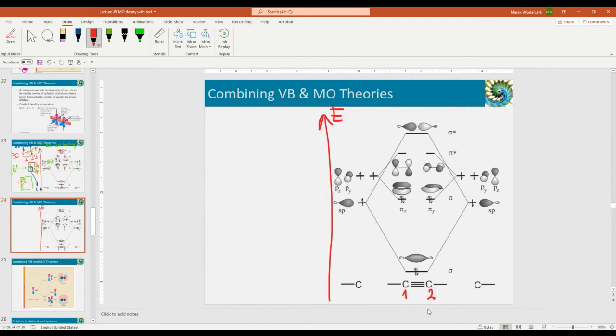Okay, in your triple bond, you combine the atomic orbitals of carbon number 1 and carbon number 2 together to form sigma bond and pi bond. Okay, since this is a triple bond, that means you have to have two p orbitals that will interact with each other, okay, to form the pi bonds. This guy here and this guy here.